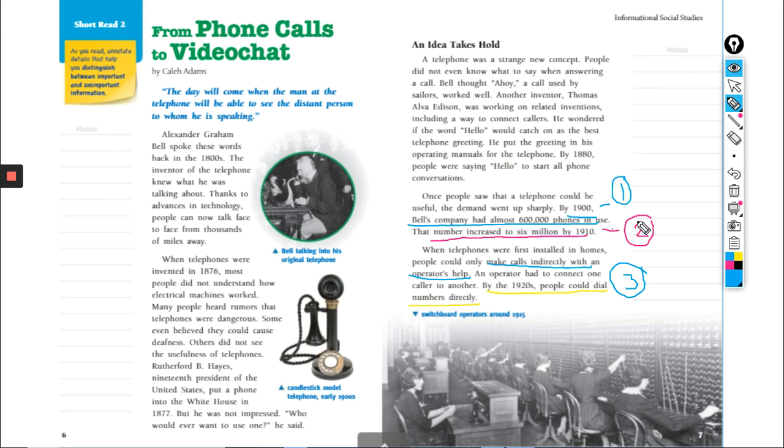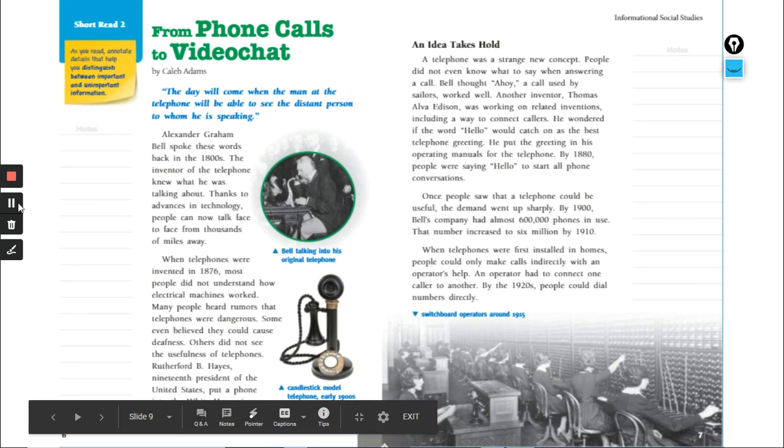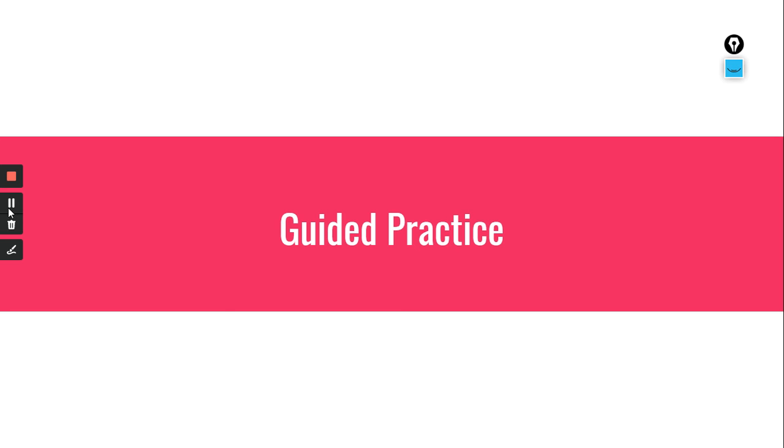So it's showing you those steps of how phone conversations have definitely worked, and that helps us as a reader understand the timeline of what happens, and it's organizing our information and our thoughts. All right, so let's see if we can identify and practice these skills on our own.